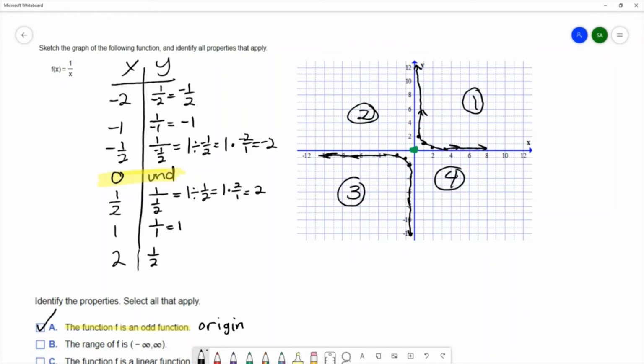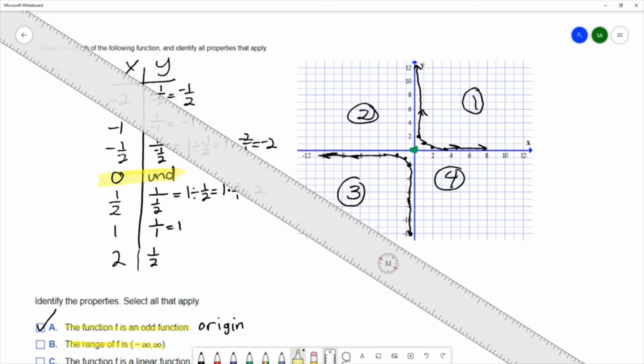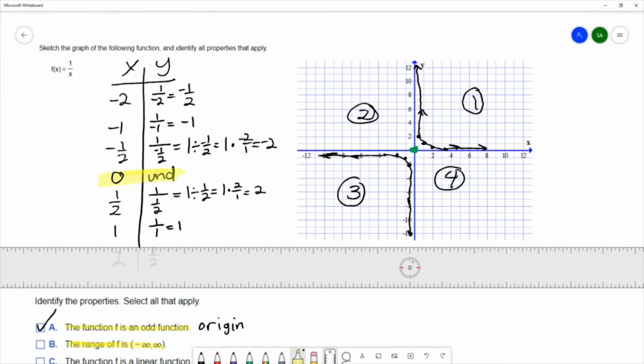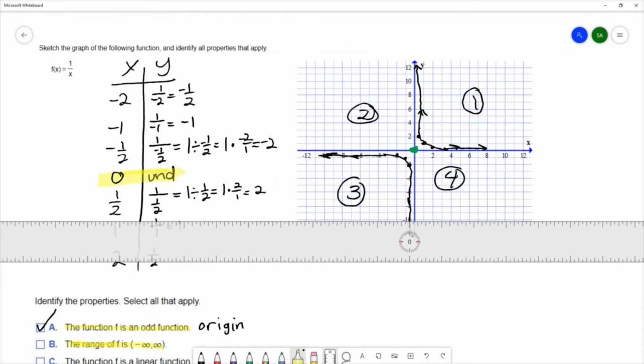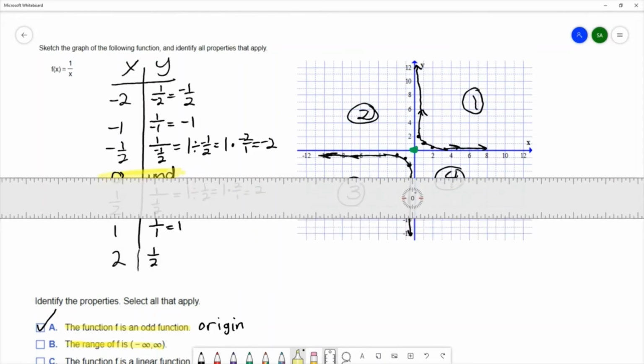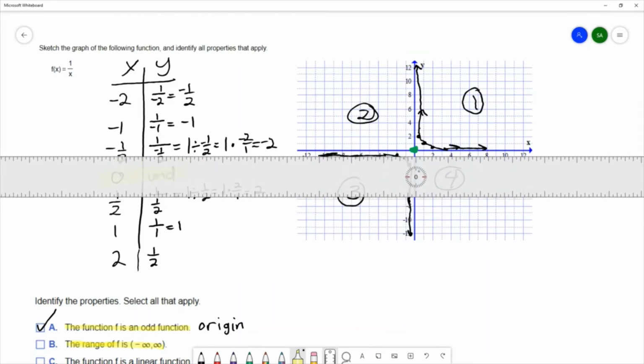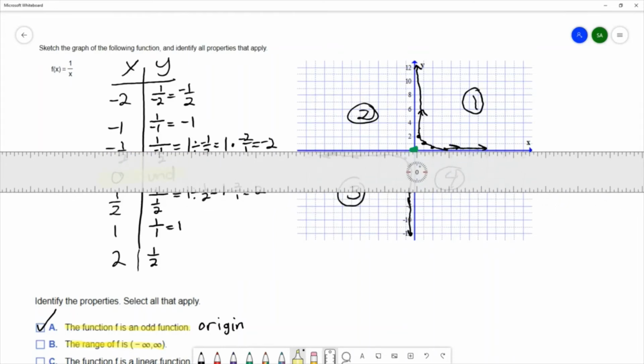The next property says the range of our function is negative infinity to infinity. And as I look at this, I'm going to hold my ruler horizontally going from bottom to top, and my range starts at negative infinity and continues on, but because of the horizontal asymptote that we discussed earlier, there's a break in the range at 0.